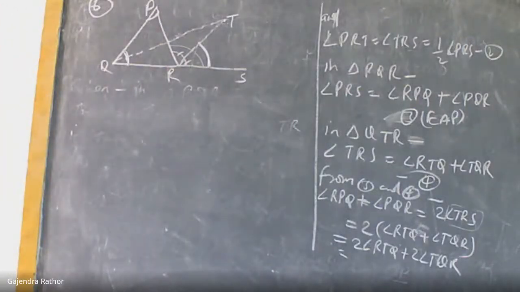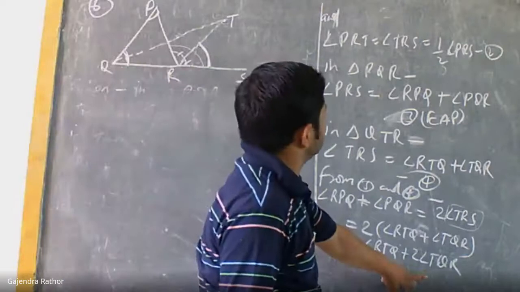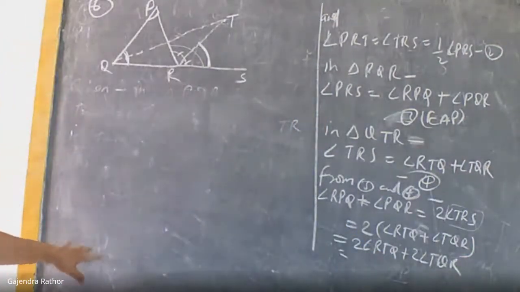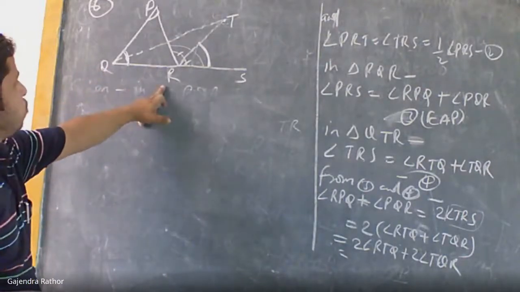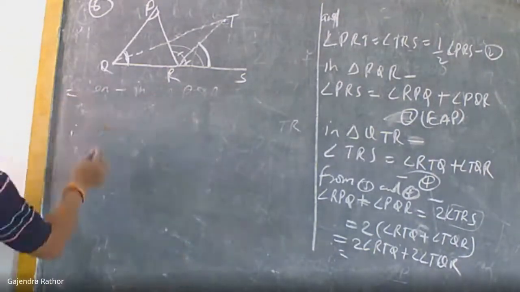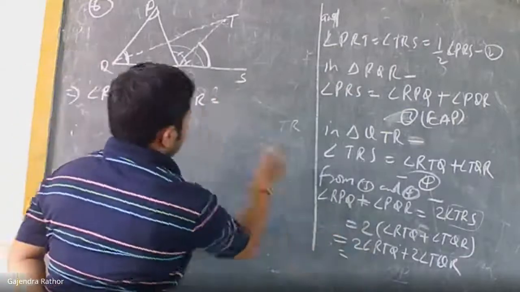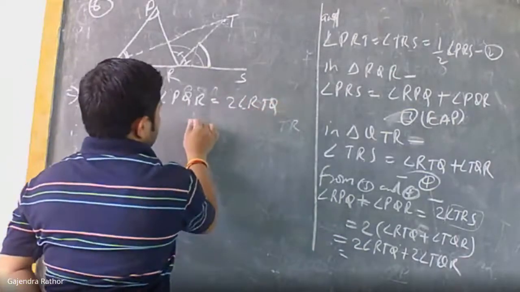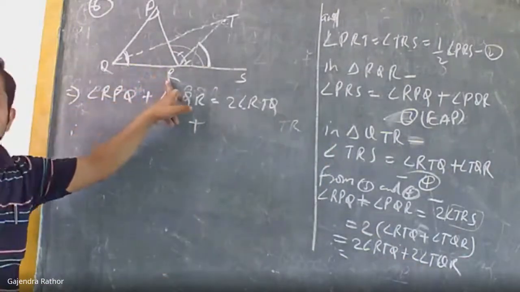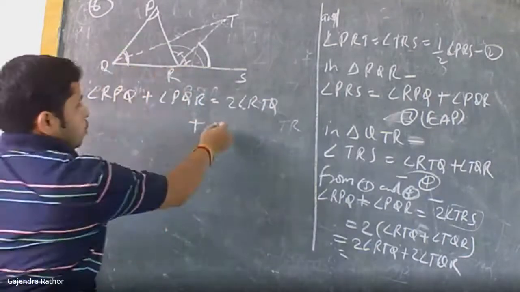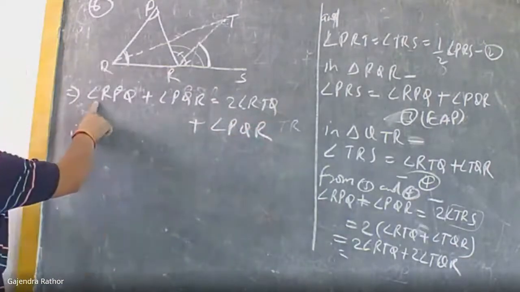Now we got angle RPQ plus PQR is equal to 2 angle RTQ plus 2 angle TQR. Now TQR is half of angle PQR, so we can replace it.